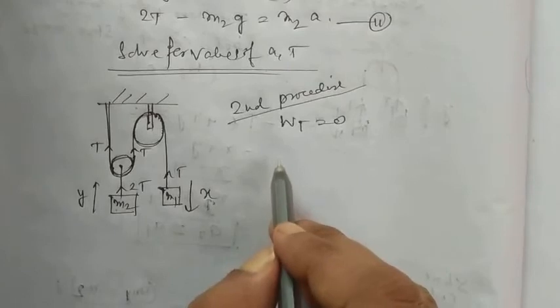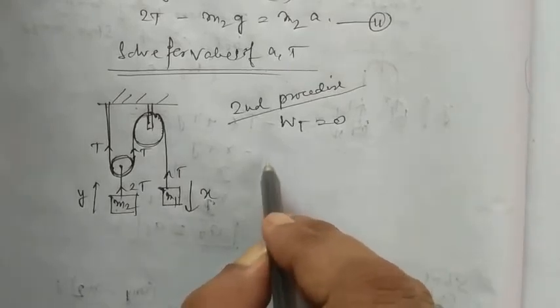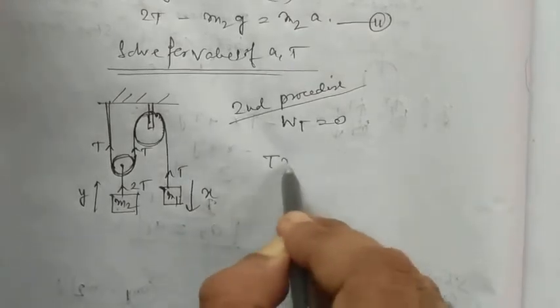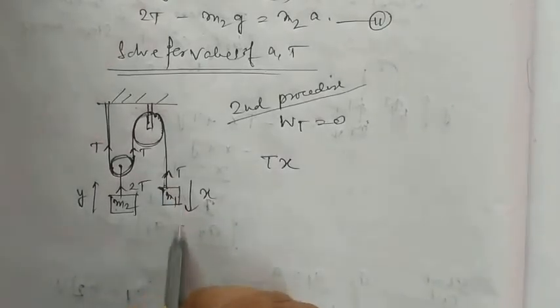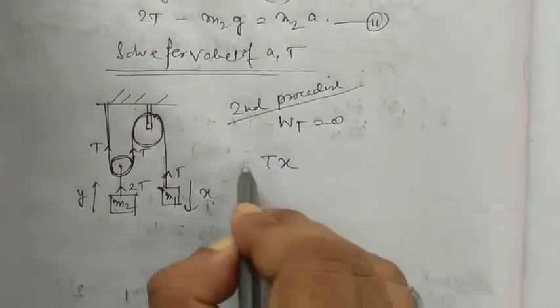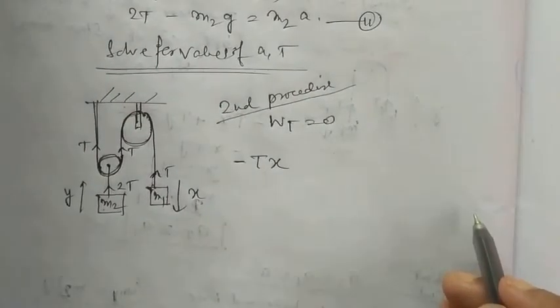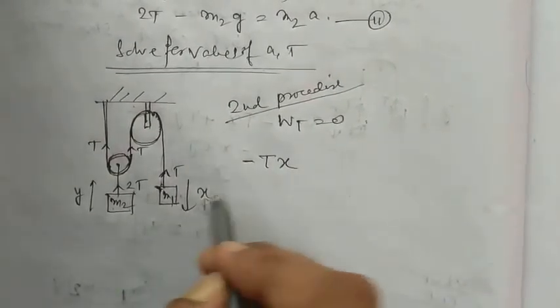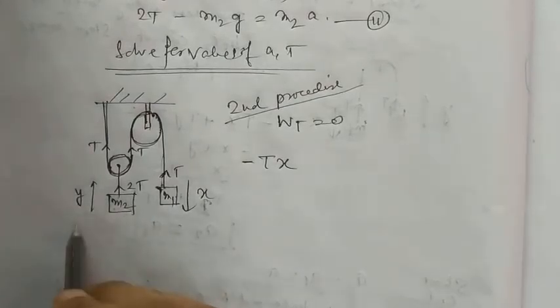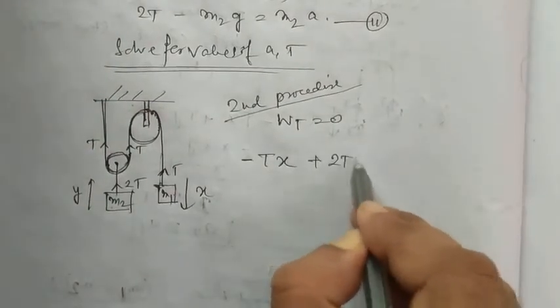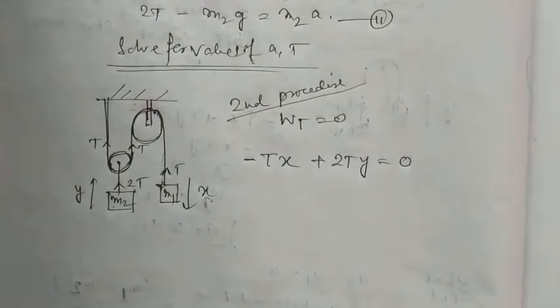If you write the equation for the work energy principle, we can write it as T into x. Now T is acting in the upward direction, whereas x is acting downwards, so we get a minus sign here. Negative work done. Now for the mass M2, 2T and displacement are in the same direction, so 2T into y.